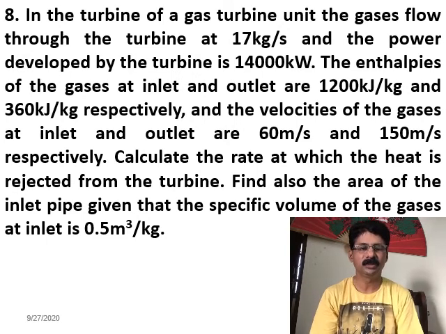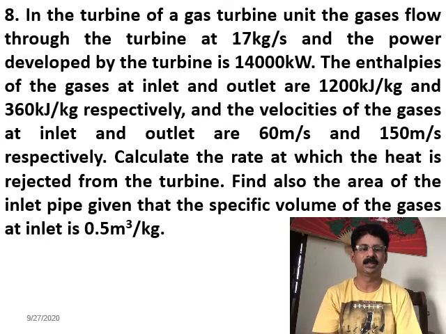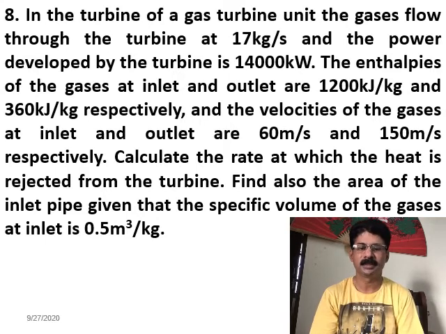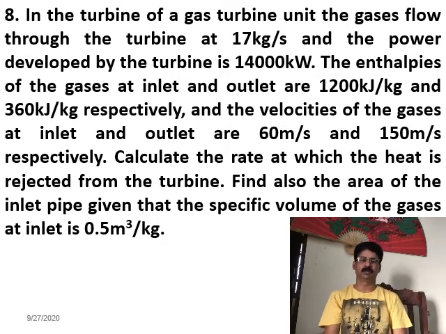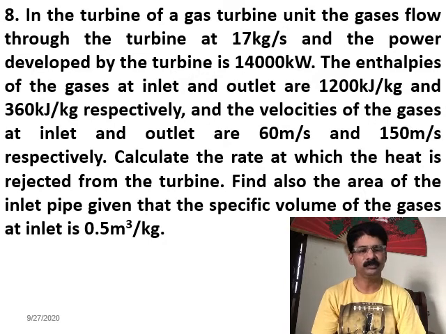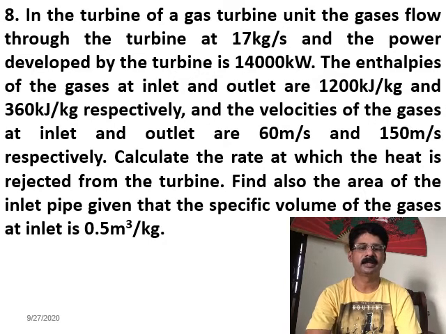The velocity of the gases at inlet and outlet are 60 meter per second and 150 meter per second respectively. Calculate the rate at which the heat is rejected from the turbine. Find also the area of the inlet pipe given that the specific volume of the gases at inlet is 0.5 meter cube per kg. Once again a very interesting numerical on steady flow energy equation.